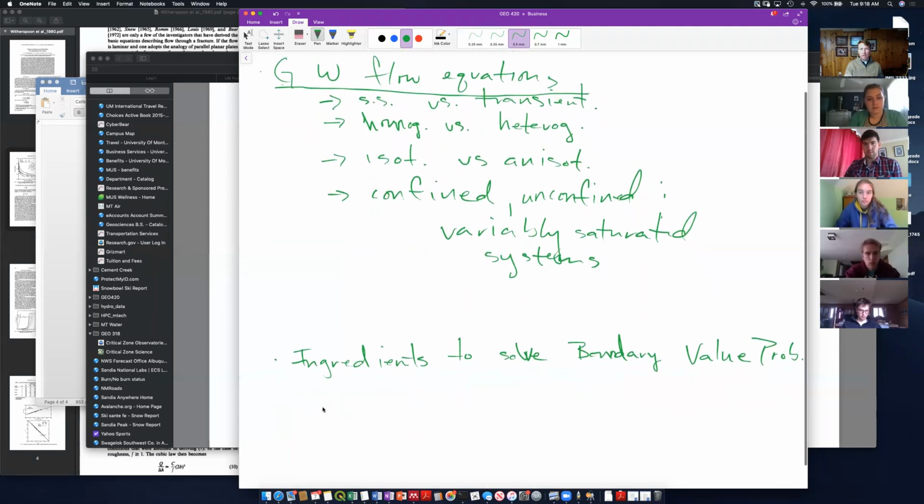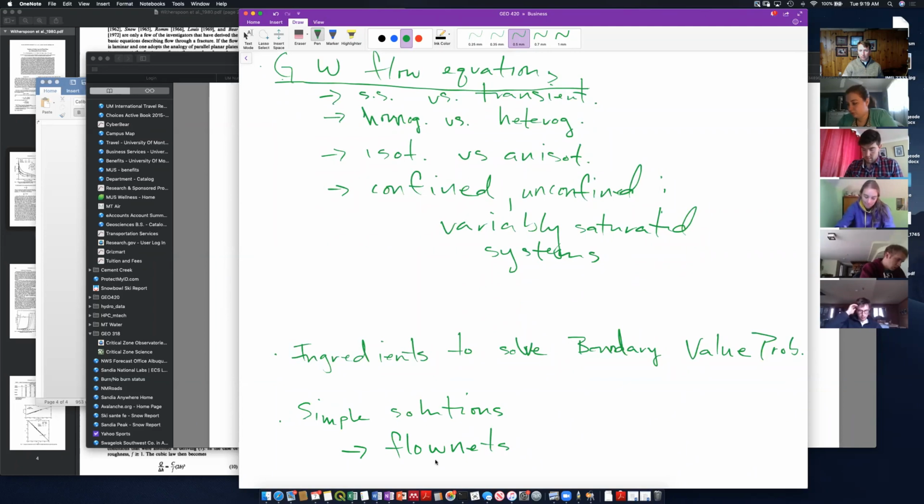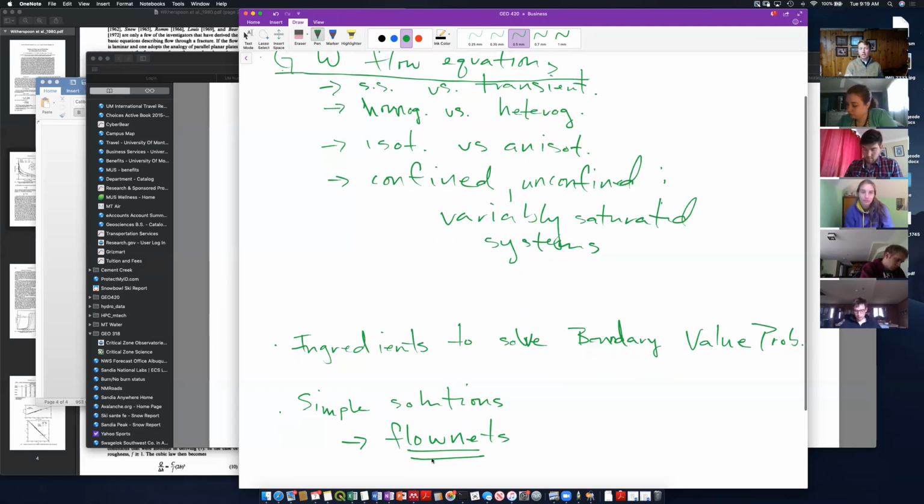And then we talked about some simple solutions. An example of that is flow nets. All right, expect to see some flow nets on your exam.